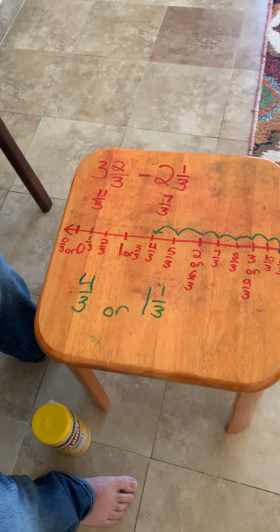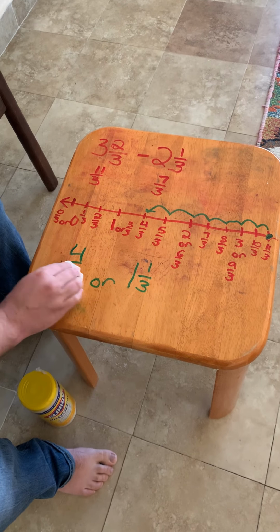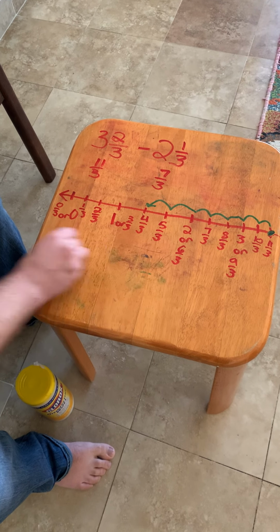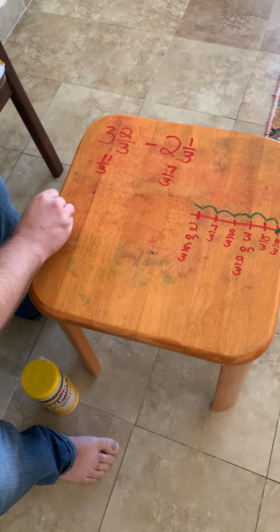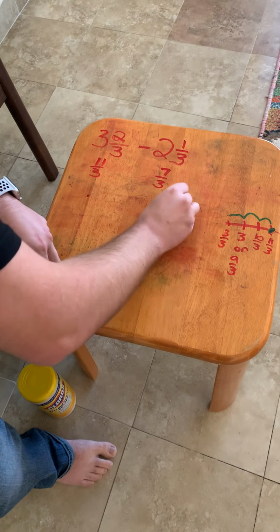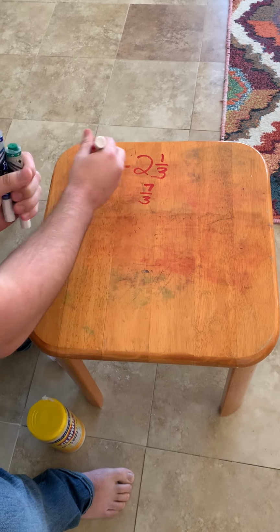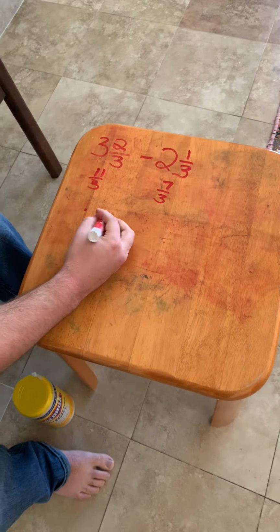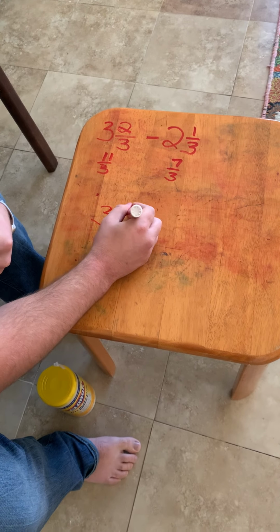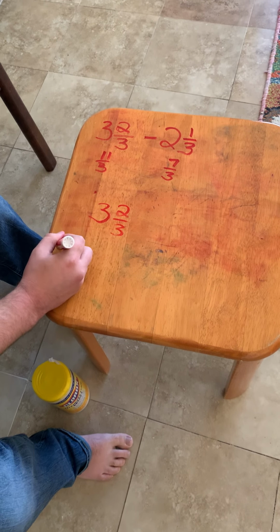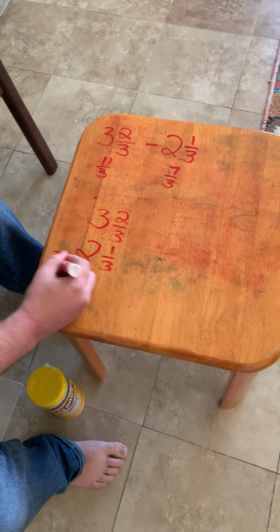There are some other ways to solve this problem that's not just a number line. You could think of this as 2 separate problems. So instead of setting it up this way, I could set it up, let's do it over here, 3 2/3 minus 2 1/3.